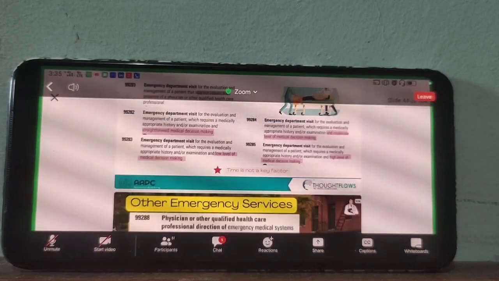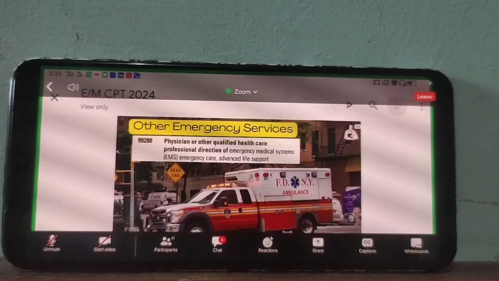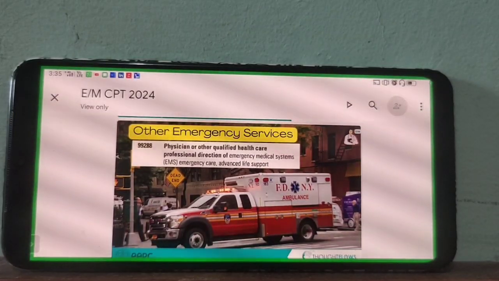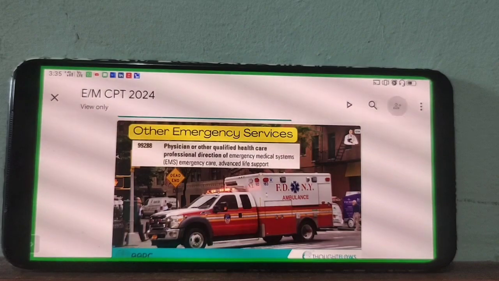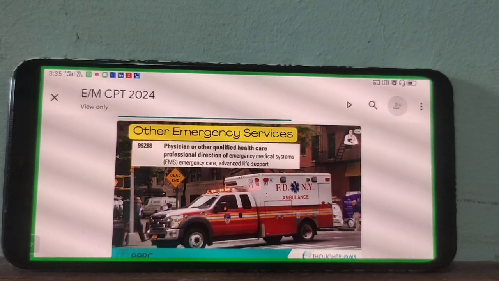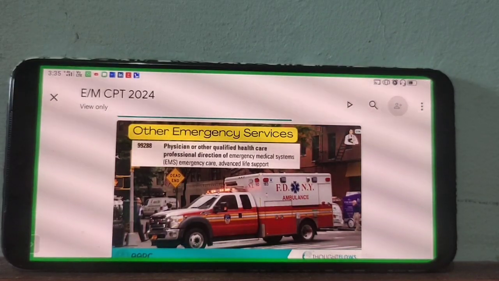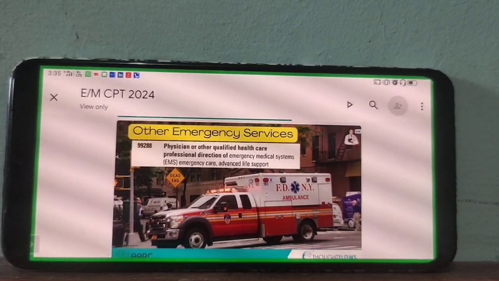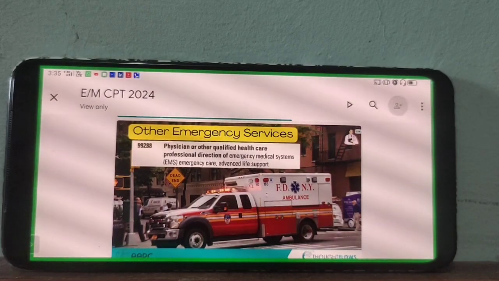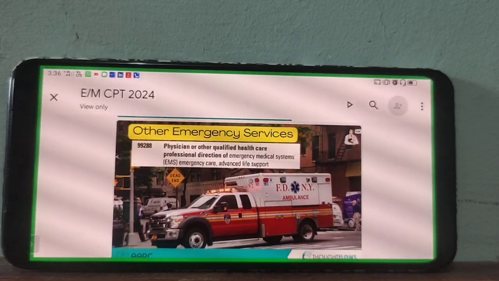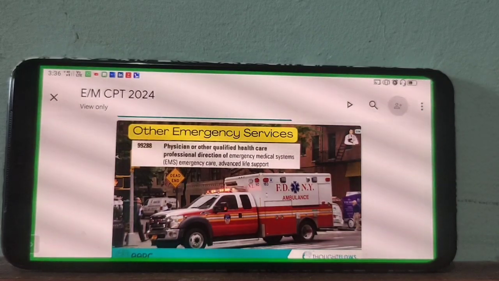And the other emergency service, EMS, emergency medical system. An example is the ambulance squad. Take a note: EMS means emergency medical system. It gives initial stabilization service before reaching the hospital.